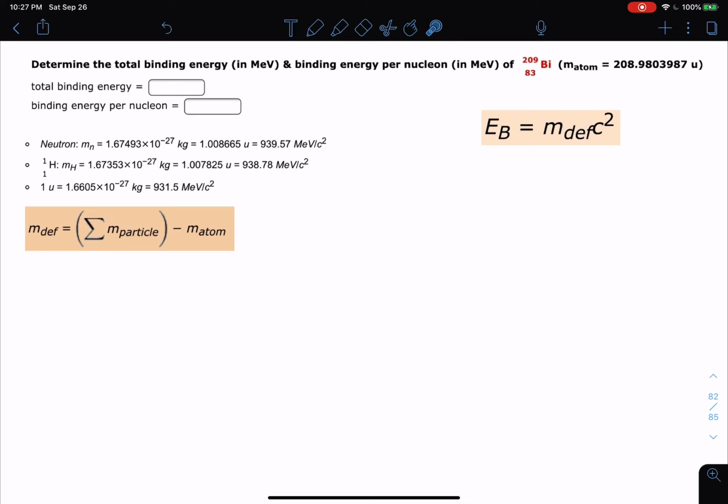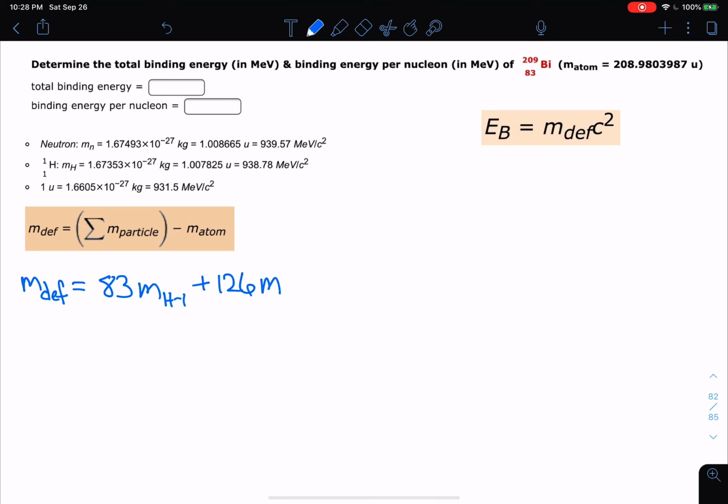All right, so how do we go ahead and do this? It starts with the formula for the mass defect. For bismuth, as I already mentioned, I need to bring together 83 protons and 83 electrons. Well, that's just a hydrogen atom, so it's going to be 83 times the mass of H1, plus 126 neutrons.